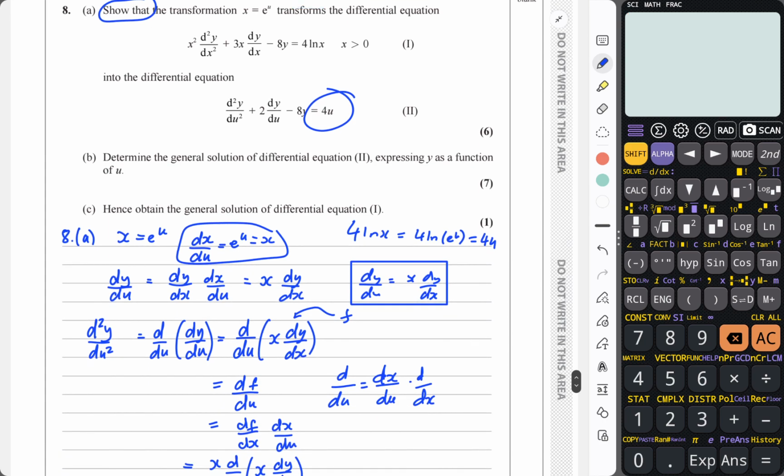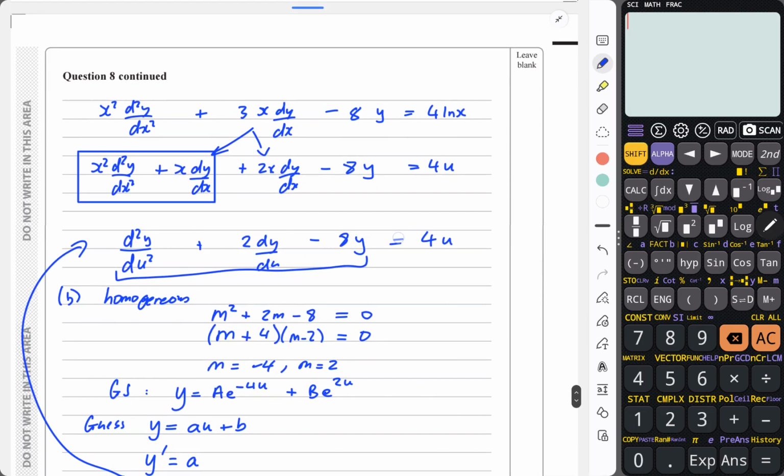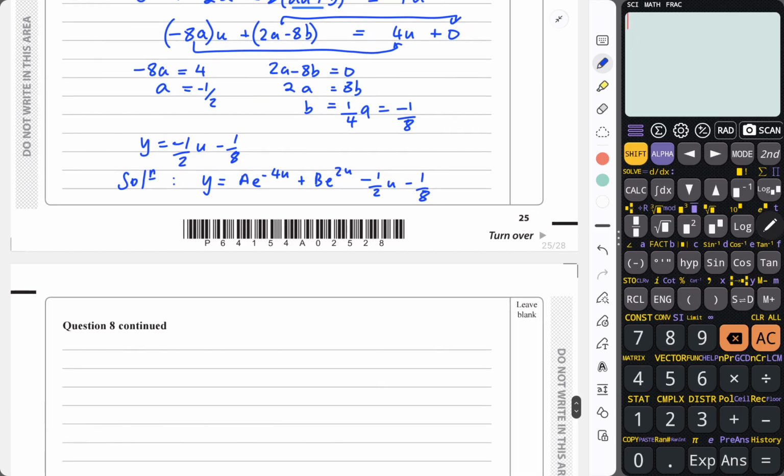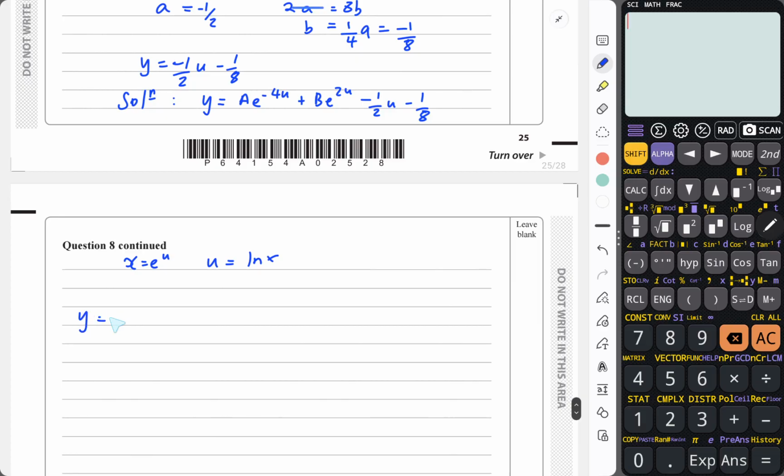And then we're asked to find the general solution of the differential equation in the first part. So we want to transform it into everything in terms of x rather than u. Remembering that x is e to the u, I should rearrange that so u is going to be ln x. So y is Ae to the minus 4 ln x, plus Be to the 2 ln x.